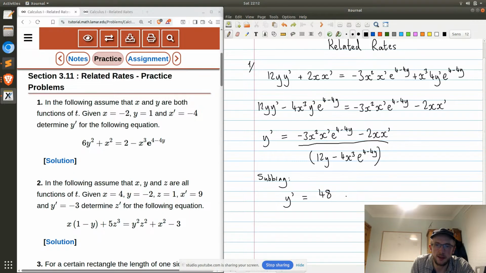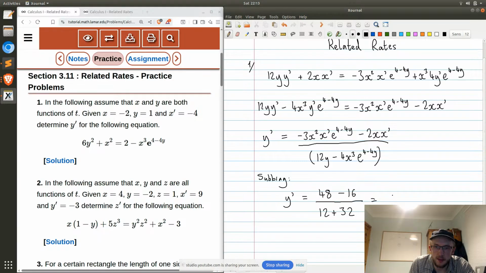So that just disappears entirely. Then minus 2 times minus 2 times minus 4 would result in minus 16. And we'll have 12 down here. The cube of negative 2 is negative 8, so it becomes 32. And that is established as 1.